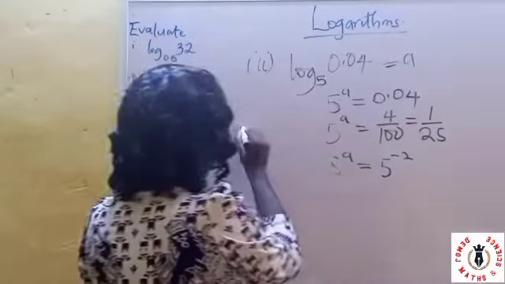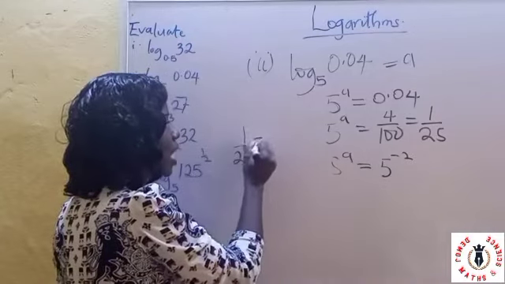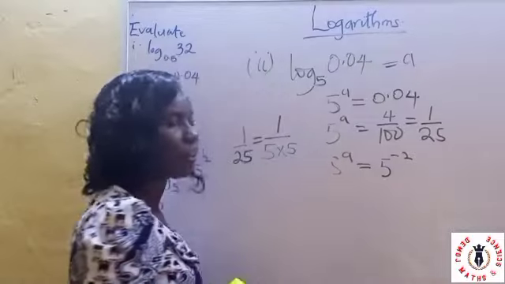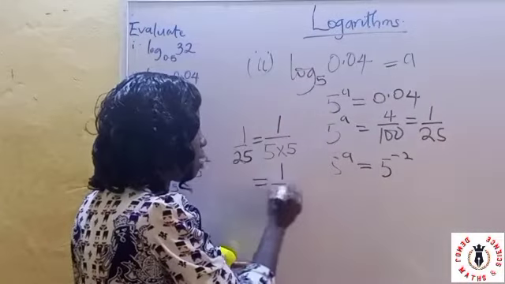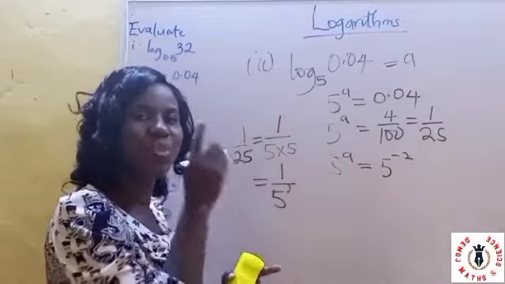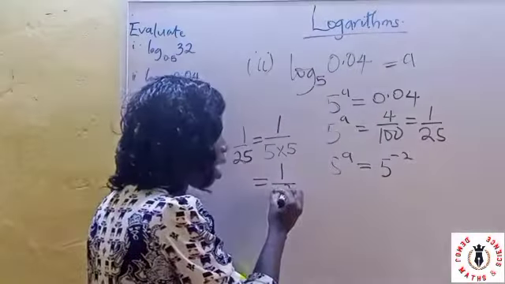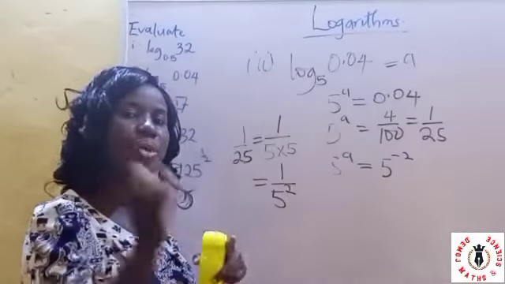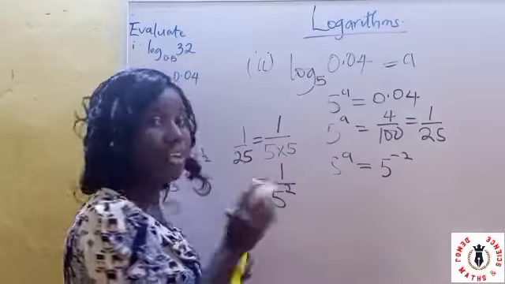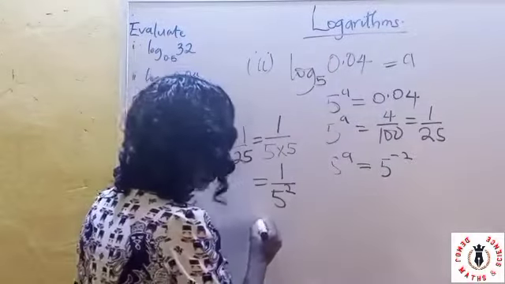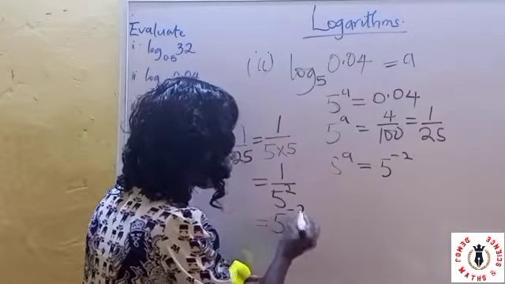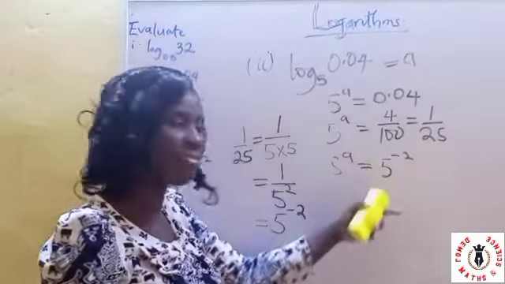Our 1 all over 25 is the same thing as 1 over 5 times 5. Sorry, it's the same thing as 1 all over 5 raised to the power of 2. Once again, we use our index notation of inverse fraction. So we have it as 5 raised to the power of minus 2. And that is how we arrived at this.